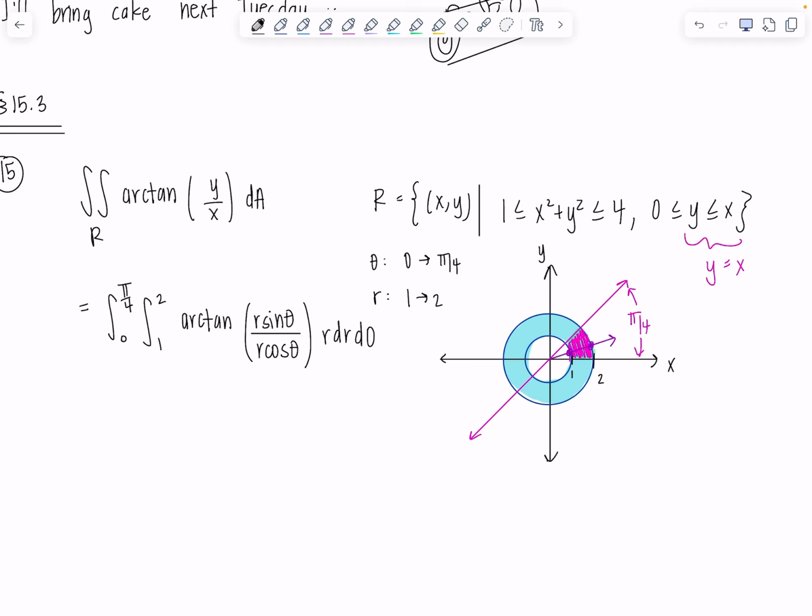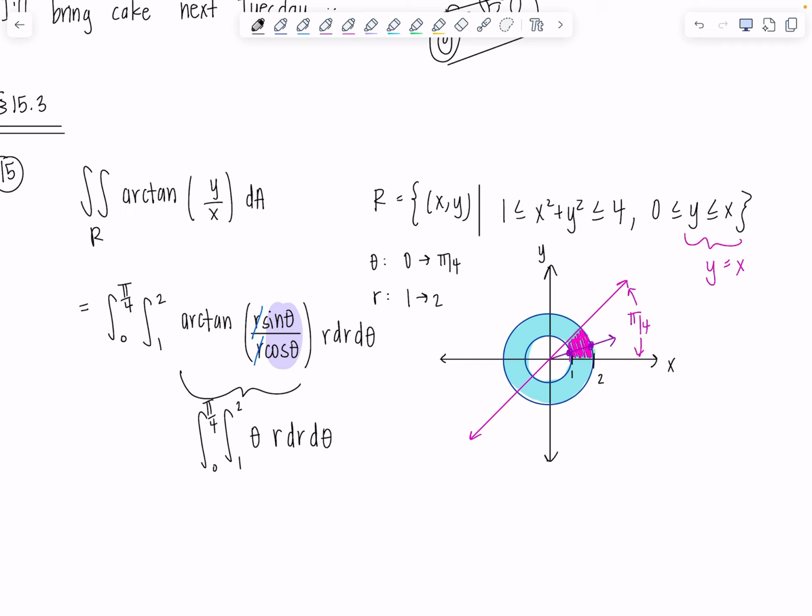Good. And then look what happens. The r's cancel. We have sine over cosine, which is tan. Arctan of tan theta would give us back just theta. Perfect. So this is the integral from 0 to pi over 4, the integral from 1 to 2, of theta r dr d theta.